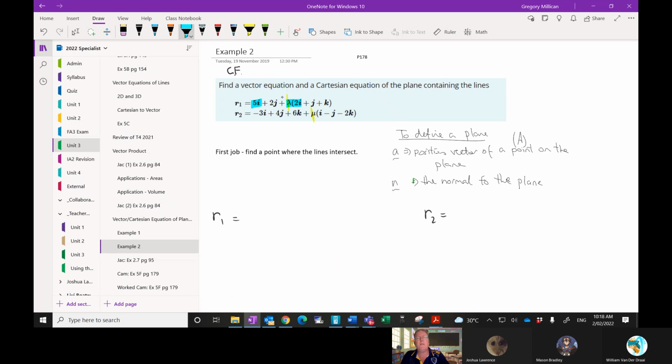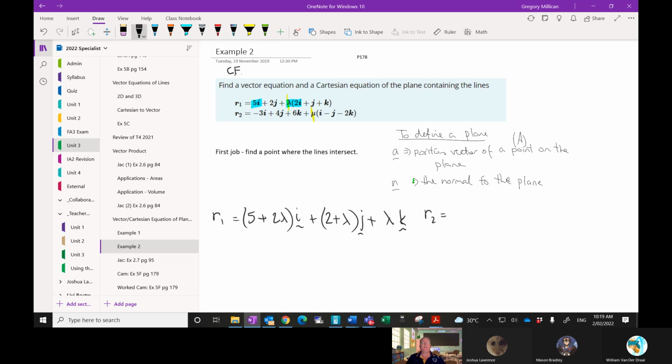So 5i plus 2j plus 2 lambda i plus lambda j plus lambda k. If I collect all the i terms together, I'd have (5 plus 2 lambda) i plus (2 plus lambda) j plus, now I've got no k outside, but I've got one lambda, so lambda k.